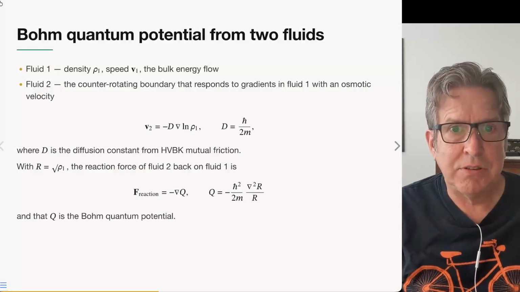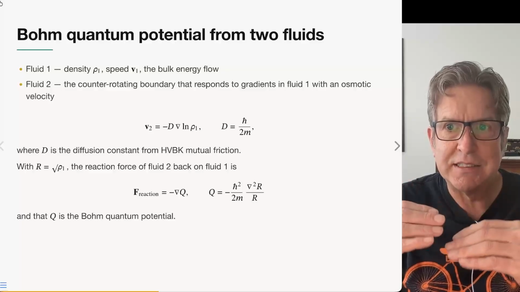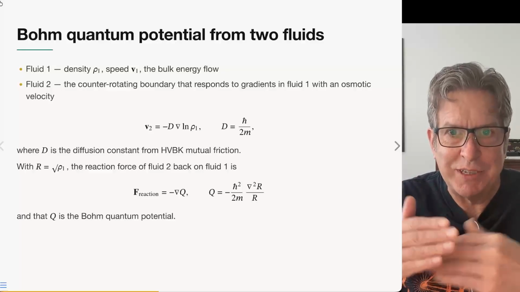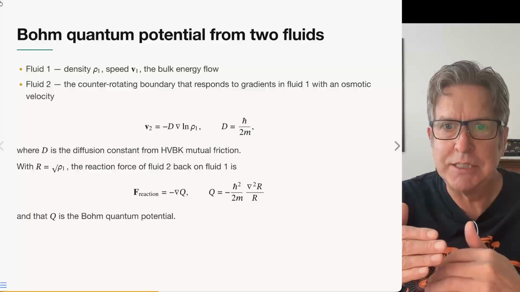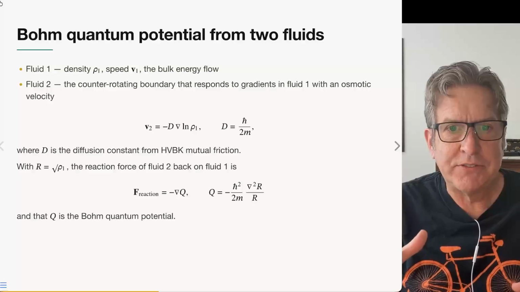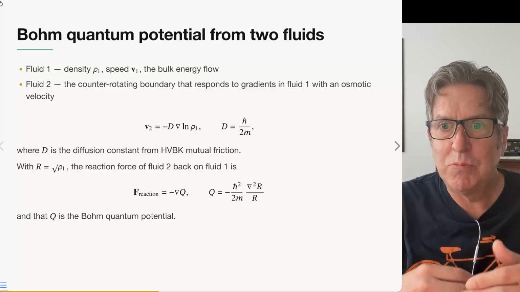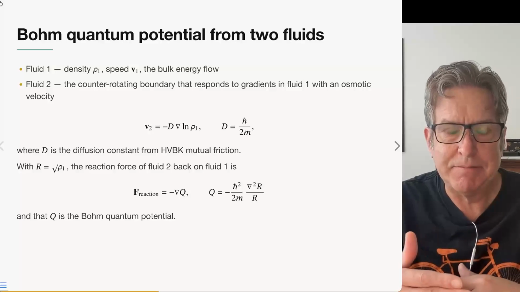So fluid 2 has an osmotic velocity modeled with this diffusion constant from the mutual friction. And this is the counter-rotating boundary that responds to the changes in fluid 1 with leaking pressure. In Simeonov's derivation, these two fluids show the Bohm quantum potential as the reaction force held in that boundary layer.